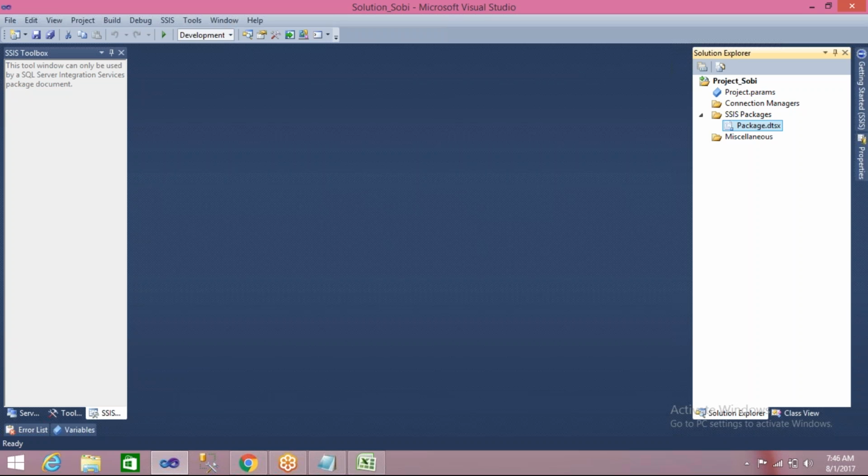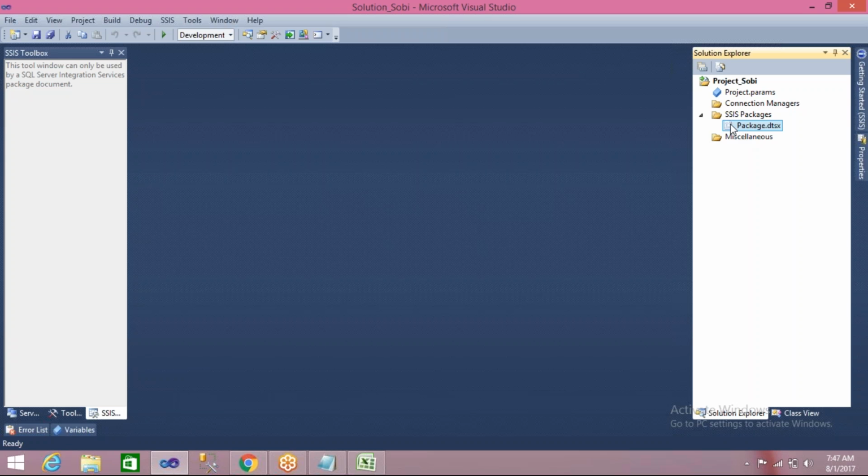In real time, you may have multiple and very big packages. So if you are facing any issue and want to debug it, it is pretty easy if you maintain proper naming conventions.